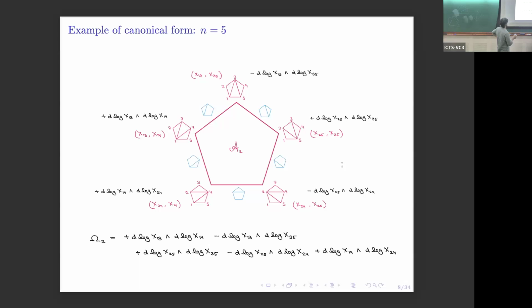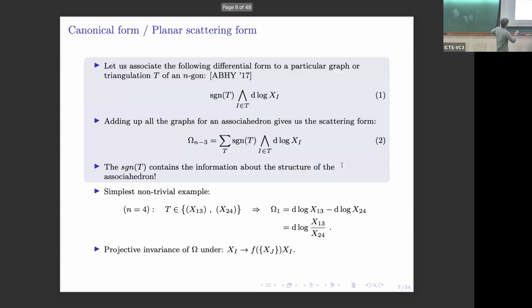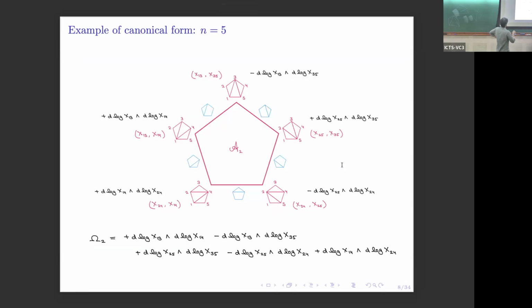So for instance, here you can see that this triangulation is x13, x14. And now, how do you define this form for it? You just take d log xi wedge d log xi, another one. So you have d log x13 wedge d log x14, okay? And this sign you can choose arbitrarily.